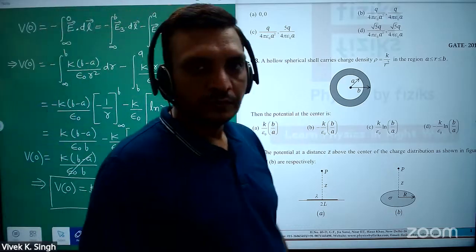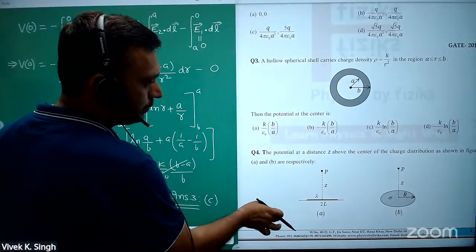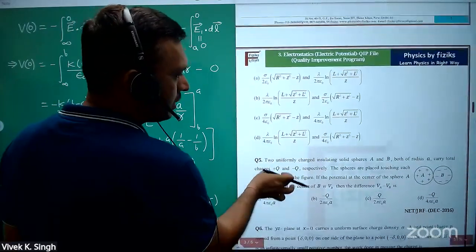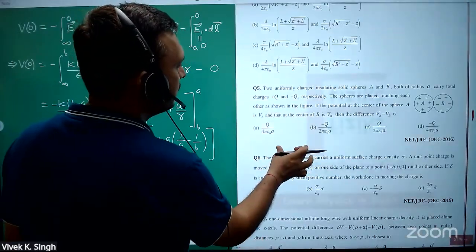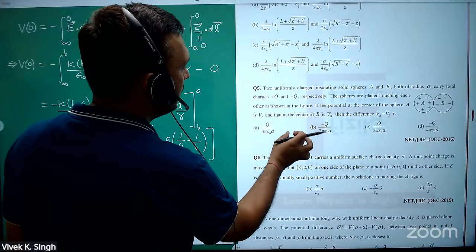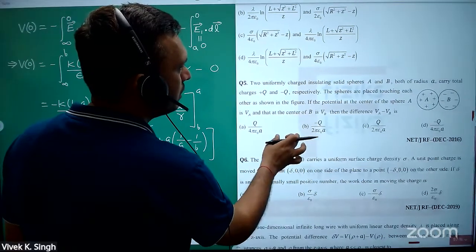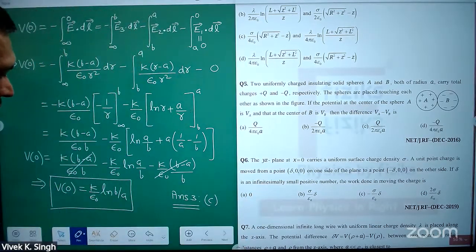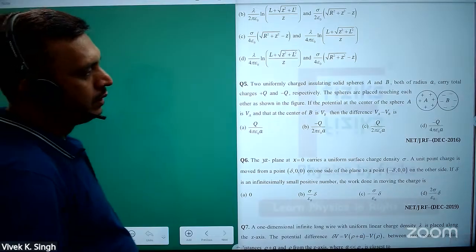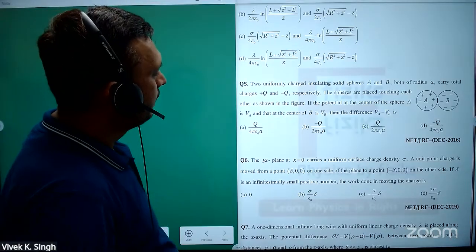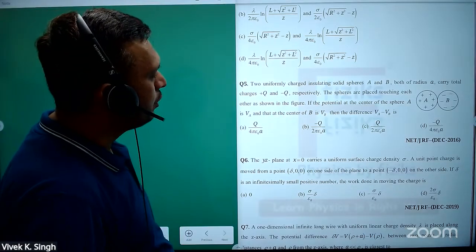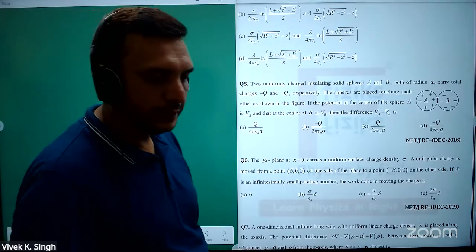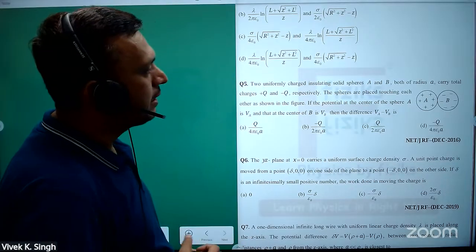Okay. Now let's see question number 5. Now you have two uniformly charged insulating solid spheres, meaning dielectric spheres.